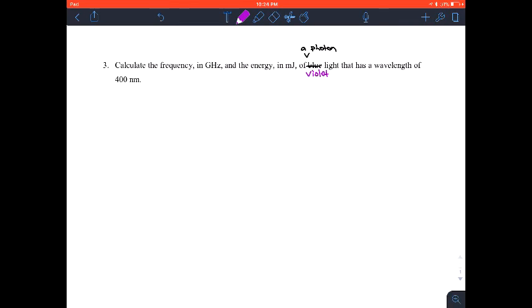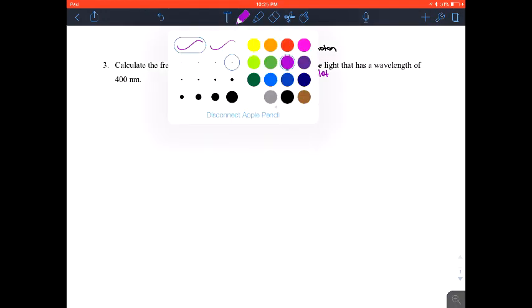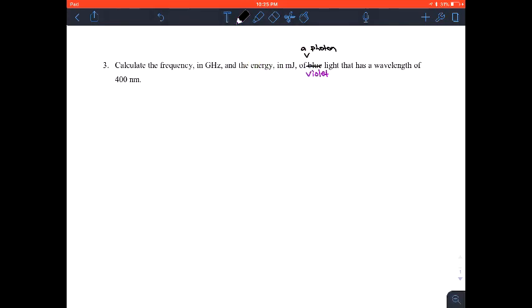Reason being is because 400 nanometers is in the wavelength of violet light, not blue light. But that's neither here nor there. Well, for now. Okay, anywho, let's go underline what's important.